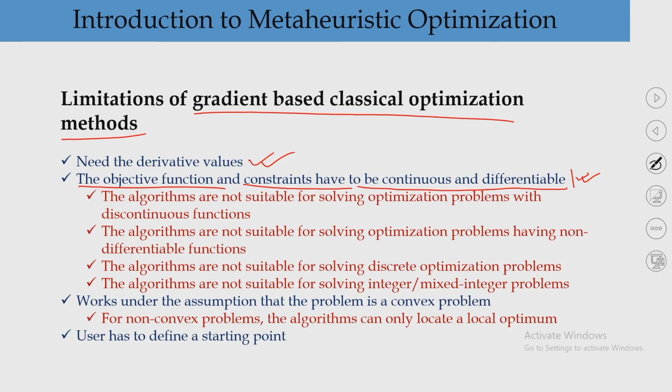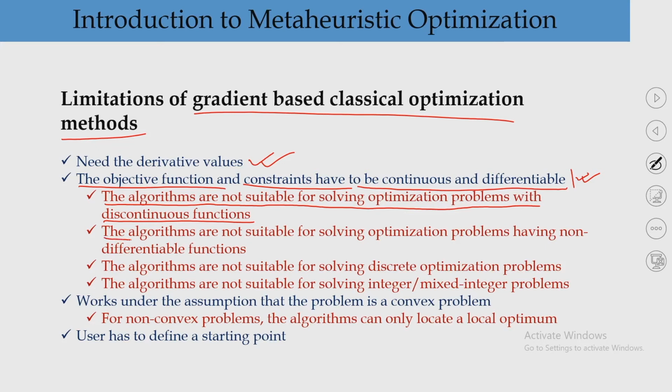So, then what are the limitations? The limitations are that the algorithms are not suitable for solving optimization problems with discontinuous functions. So, now if your function is discontinuous, okay, it is not a continuous function, you will not be able to apply these algorithms. So, this is one limitation.